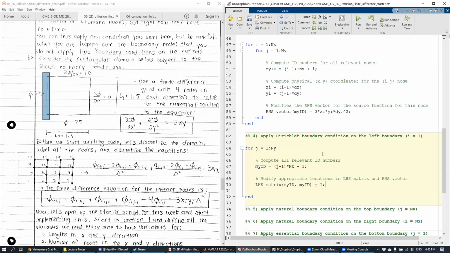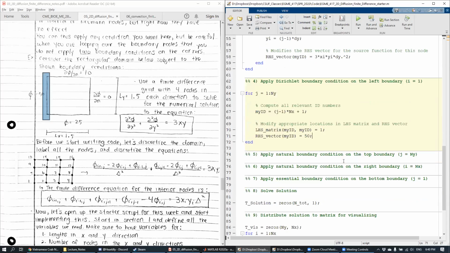For the diagonal term, we're going to have this, and that sets the diagonal term equal to 1. And then on the right-hand side vector, remember for a Dirichlet boundary condition, we set that equal to whatever that Dirichlet value is. In this case, that Dirichlet value is 50, and that's what we're going to implement right there.